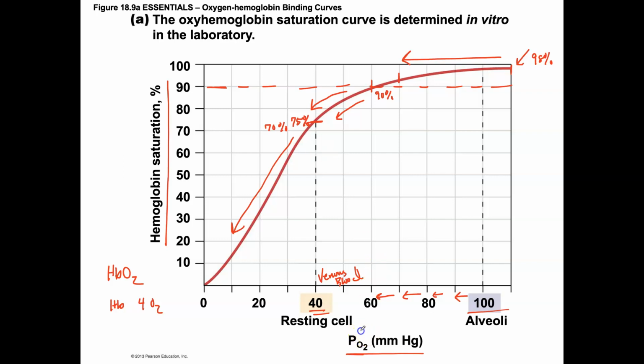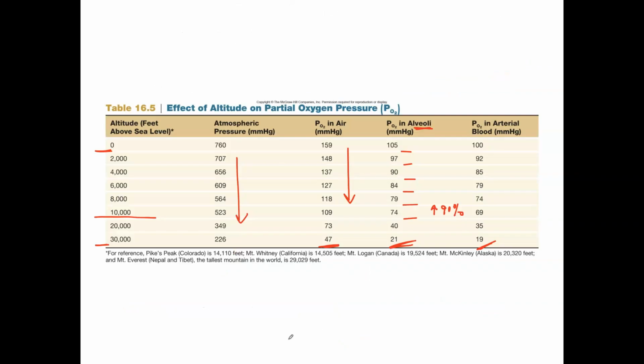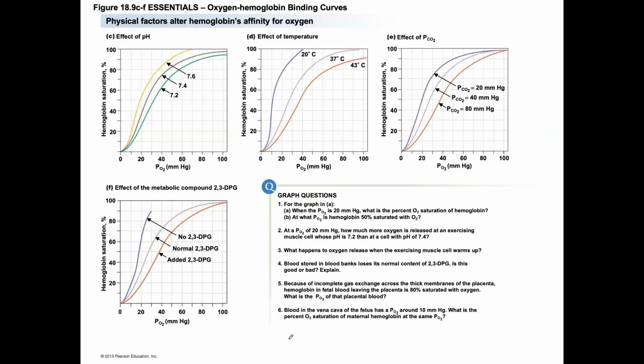Besides the partial pressure of oxygen affecting the dissociation curve, we can also look at other physical factors that alter hemoglobin's affinity for oxygen. Basically, anything that can alter the shape of hemoglobin will affect its ability to bind oxygen.